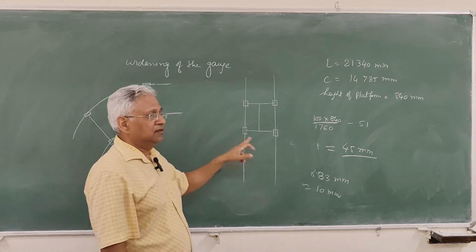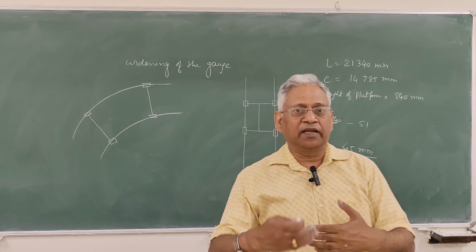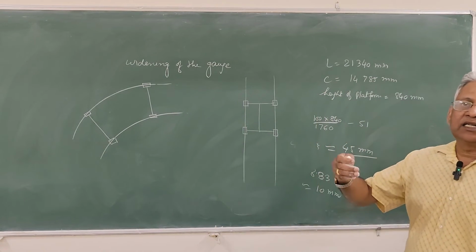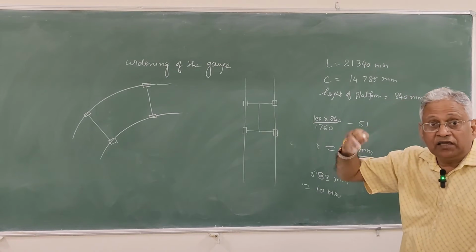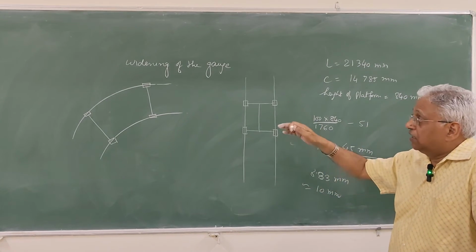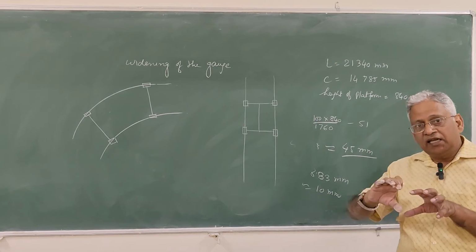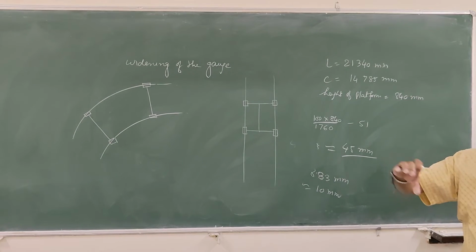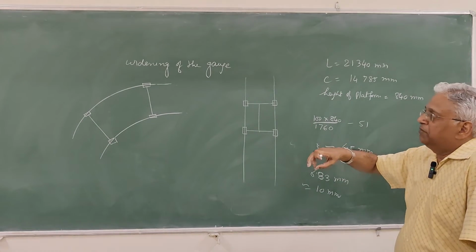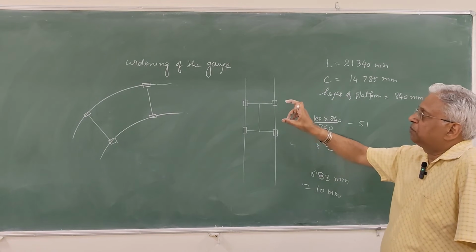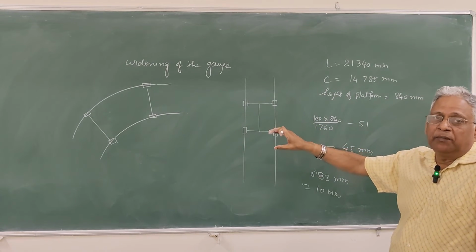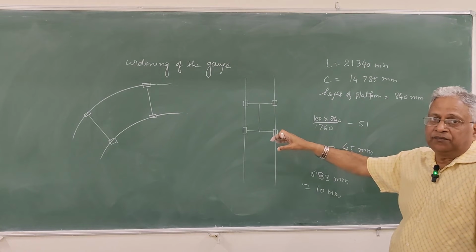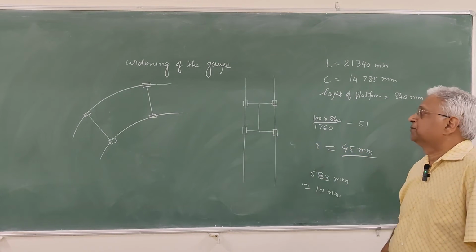And because of this, the flange of the wheel continuously gets worn out. Because of this wearing out of the wheel flange and side of the rail, the gauge is slightly relaxed. The same effect can be obtained if you slightly provide wider gauge on horizontal curve, and that will depend upon the sharpness of the curve, the radius of the curve, degree of the curve.